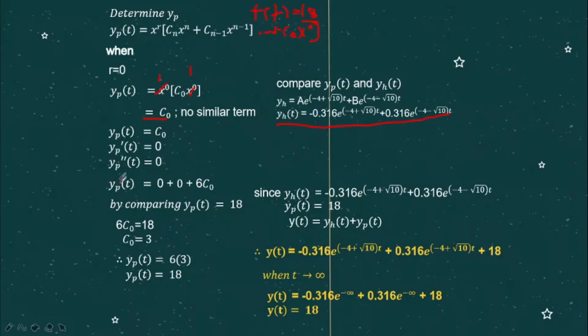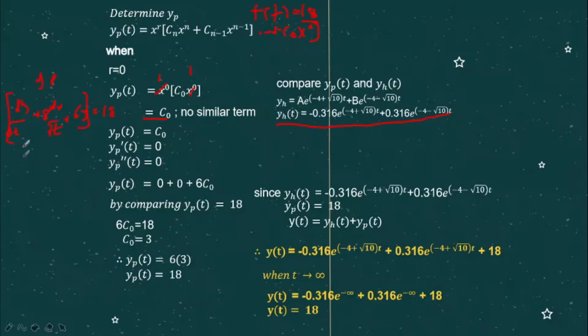Therefore we get y double prime and y prime, and we substitute back into d2y over dt squared plus 8 dy over dt plus 6y equal to 18, right? So this is yp, we have to substitute.